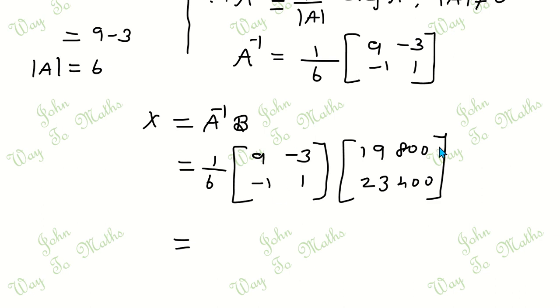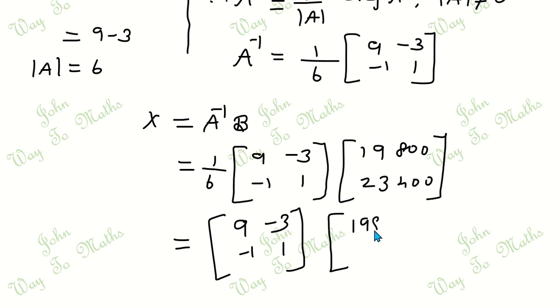So here I am going to multiply the matrices. 1 by 6 multiplied by the second matrix. So the first matrix அப்படியே copy பண்ணிக்கலாம். So 9 minus 3 minus 1 1. Then the second matrix becomes 19,800 by 6, then 23,400 by 6.